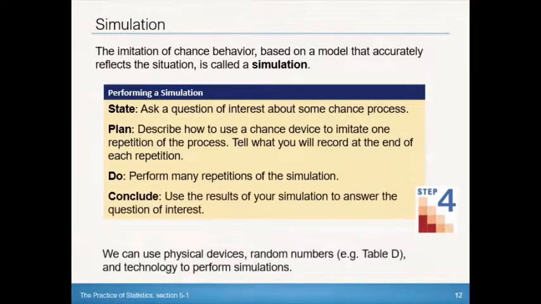And then based on how many outcomes we got in our simulations, we'll answer what the simulated probability would be. Okay. So the physical things that we'll be using are the random digit table. You could use some sort of spinner or die. You could also use technology to generate random numbers.